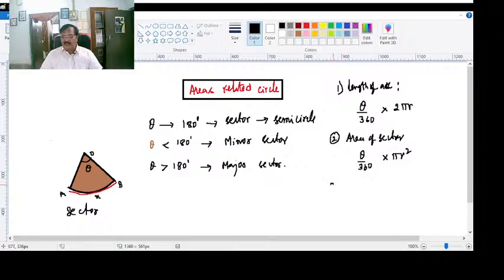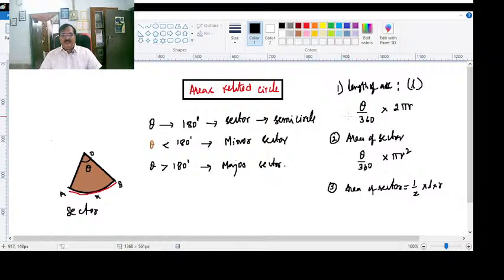And then there is one more formula for area of the sector: half into L into R, where L is nothing but the length of the arc. So these three formulas you should be aware of.